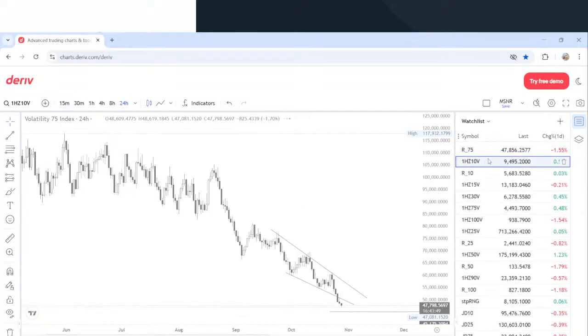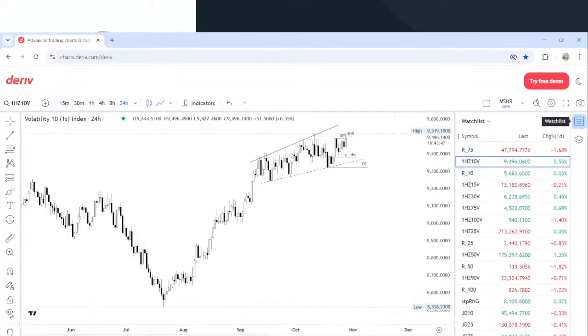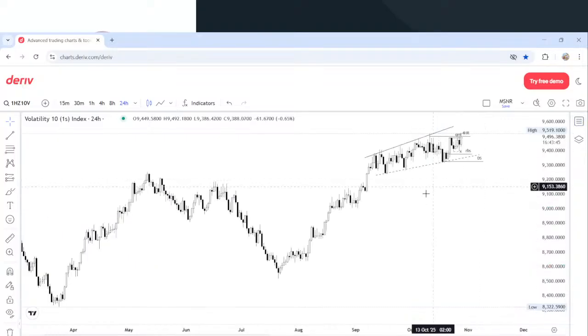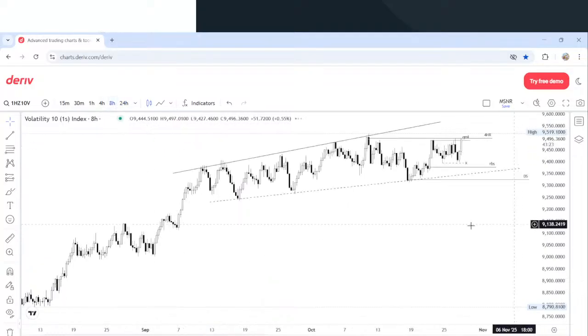All right, and then V10s. V10s is all right. It's going up. It's in an uptrend, right? On the daily time frame, I just saw this daily support, and then I went to the 8-hour time frame.